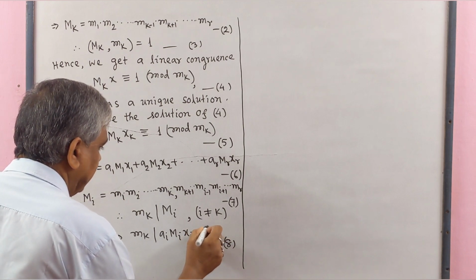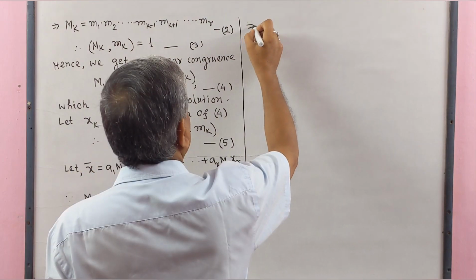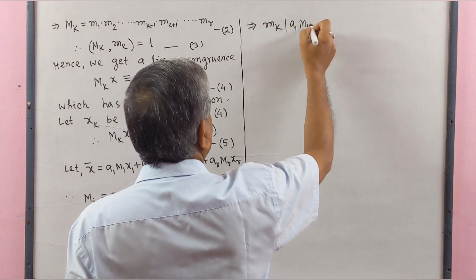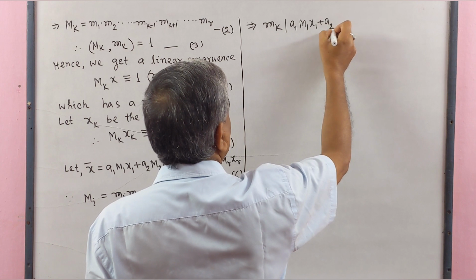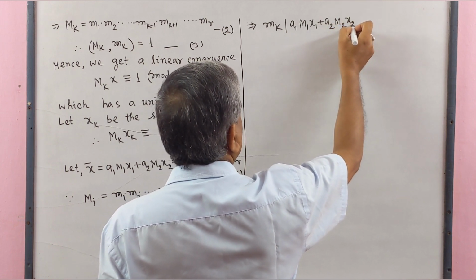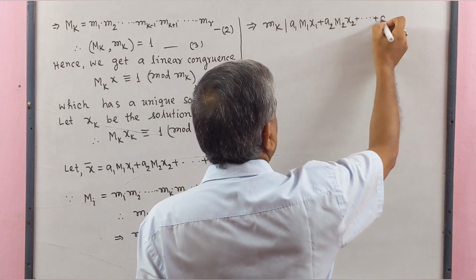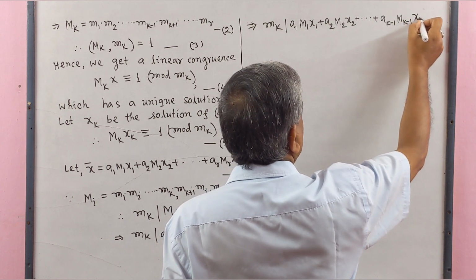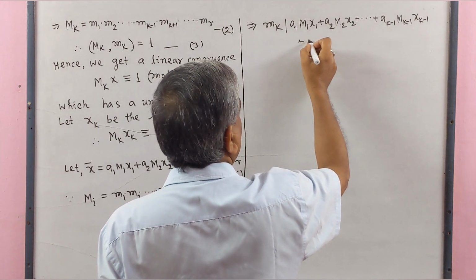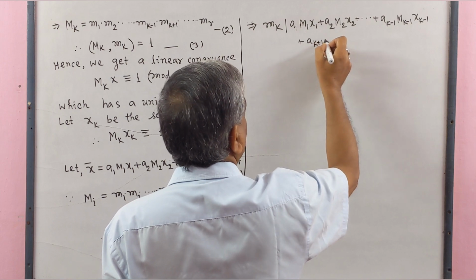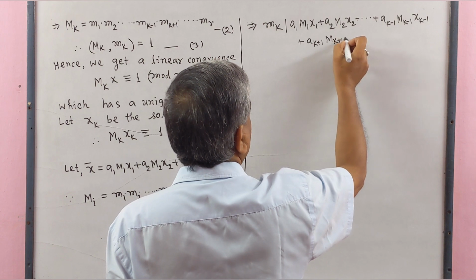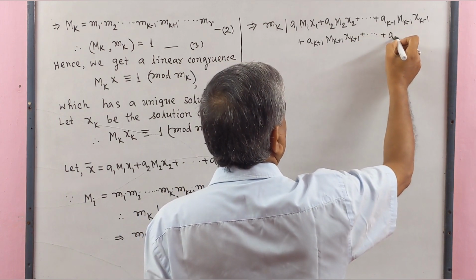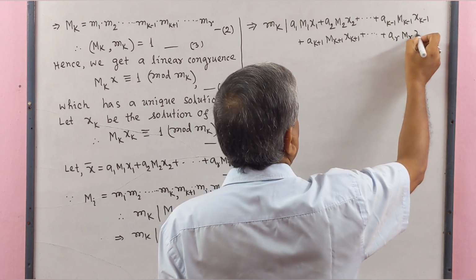Here i not equal to k implies that mk divides a1 capital M1 x1 plus a2 capital M2 x2 plus ... plus a(k minus 1) capital M(k minus 1) x(k minus 1) plus a(k plus 1) capital M(k plus 1) x(k plus 1) plus ... plus ar capital Mr xr.